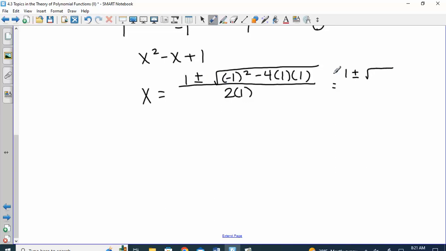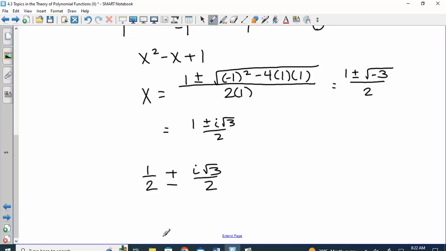Basically 1 minus 4. I think that's correct. We did all of that to get another imaginary number. So we get 1 plus or minus i radical 3 over 2. We know that with imaginaries, I like you to split them up and put them in standard form. As Ryan pointed out earlier, I didn't write one in standard form.